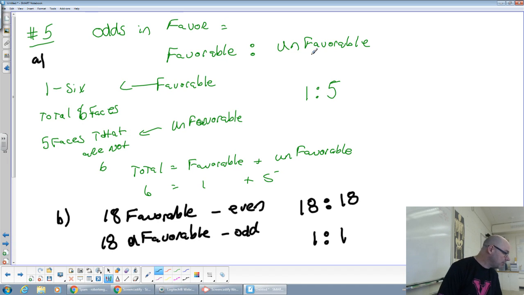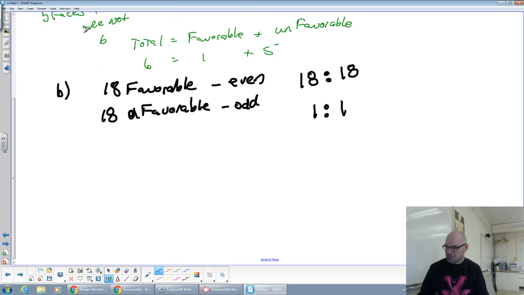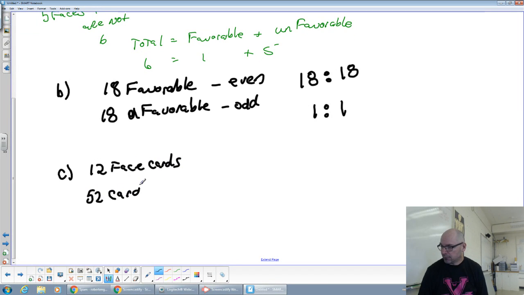Okay, and the same thing with drawing a deck face card. You got it correct there for probability, but not for odds. Okay, you've got 12 face cards, and you got 52 cards. So that means you've got 52 minus 12 equals 40 non-face cards.